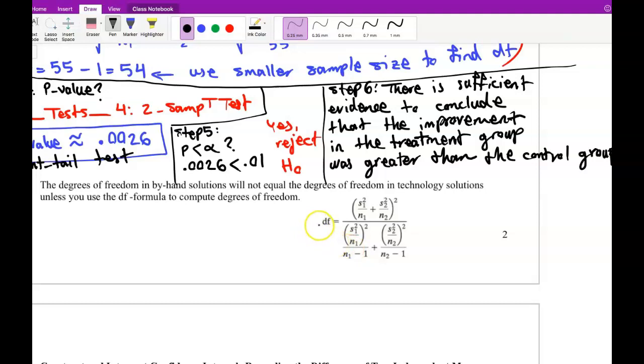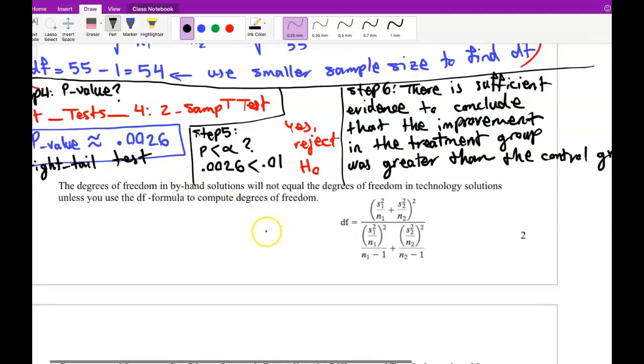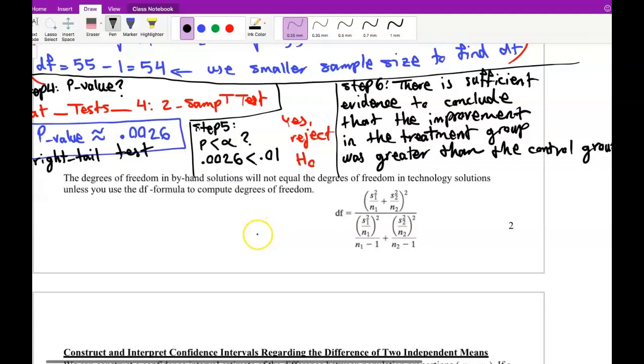But this is harder, so you need more time to find the degree of freedom and then use that to find the answer. So that's why it's better to use the calculator. It's faster. Okay, we finished this example.